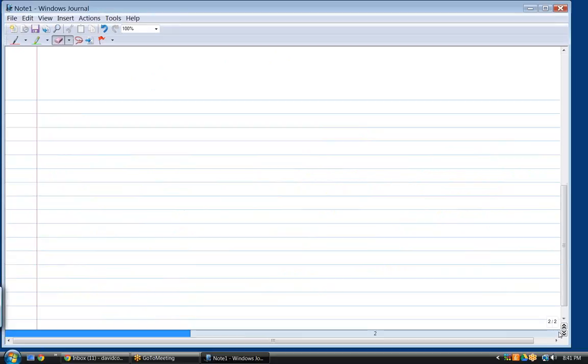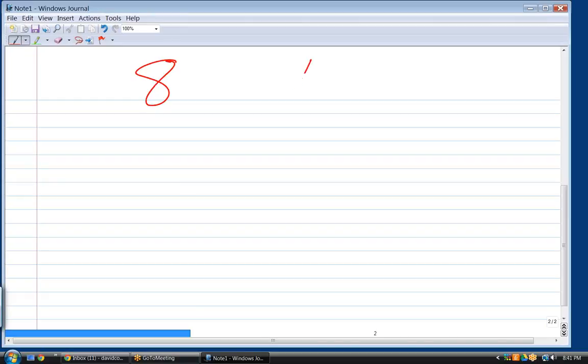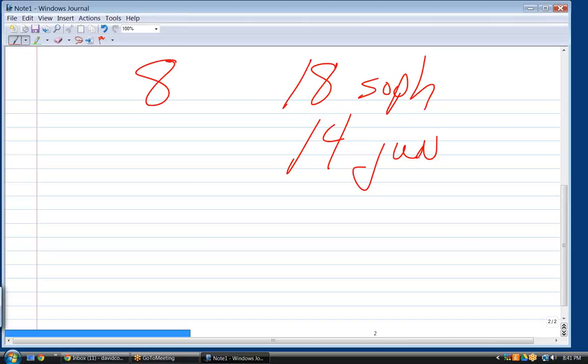Okay. So this question says, how many ways can a committee of 8 be chosen from a class of 18 sophomores and 14 juniors under the following conditions? And the first question is, all students are equally eligible.